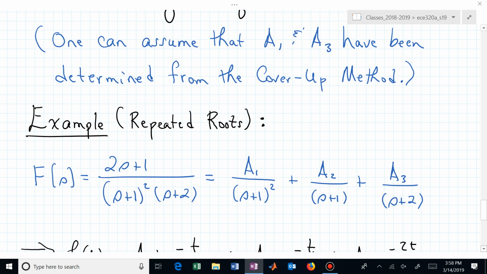I have two partial fraction expansion terms associated with that root that's repeated twice, and then I can include a third partial fraction expansion term associated with the third factor, a sub 3 over s plus 2. That we should be comfortable with.